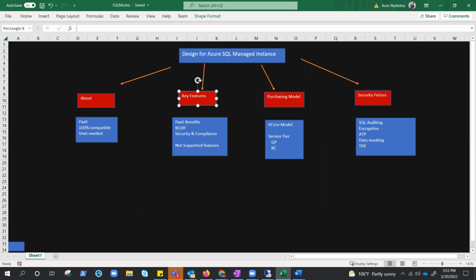And the beauty of this MI is it is a PaaS. PaaS means public service. However, we are deploying this in a virtual network. So we are getting private IP addresses.